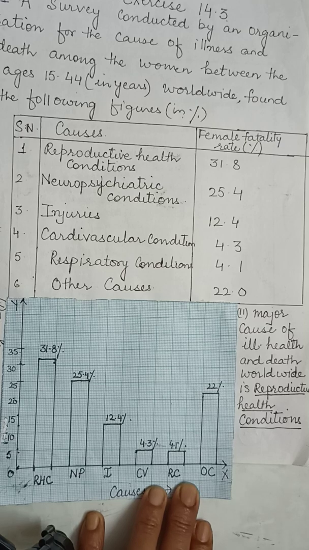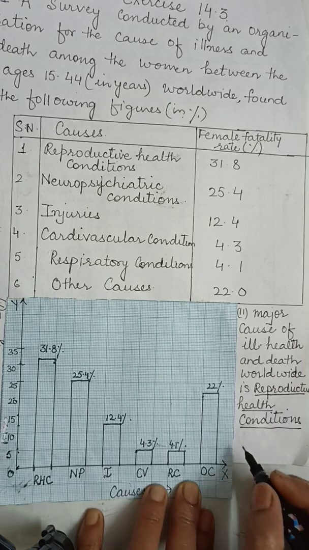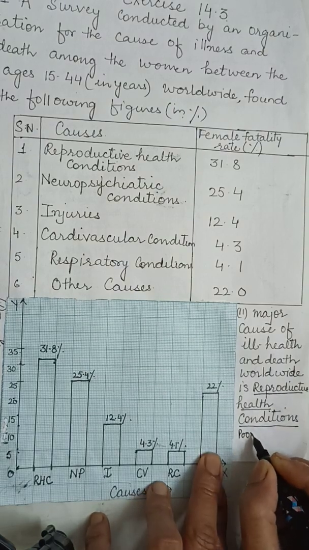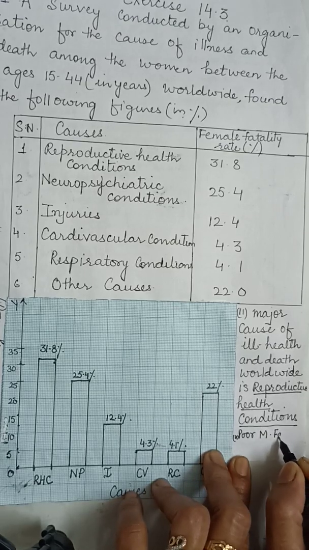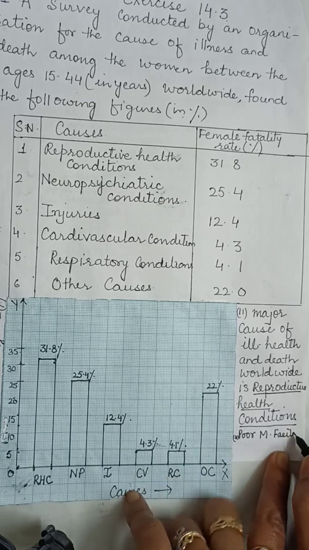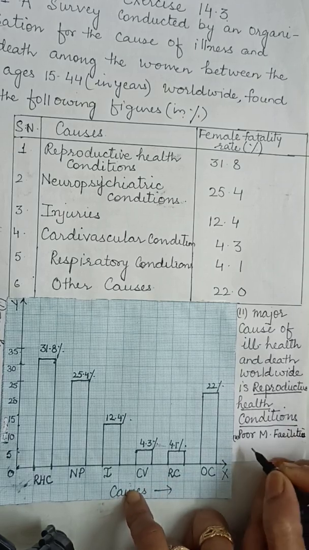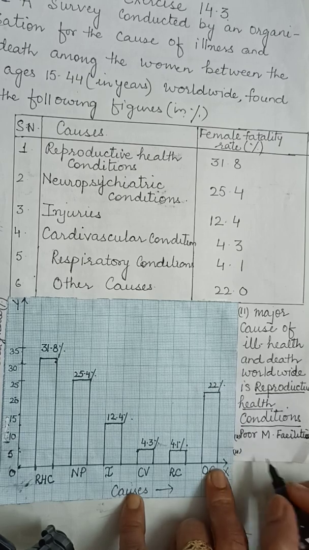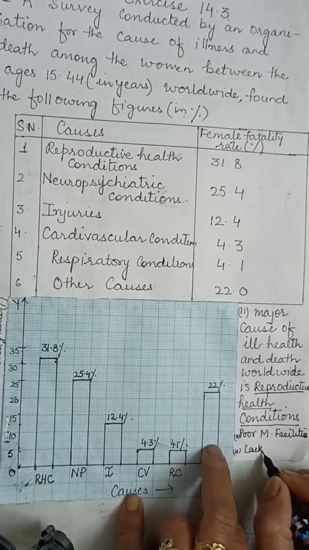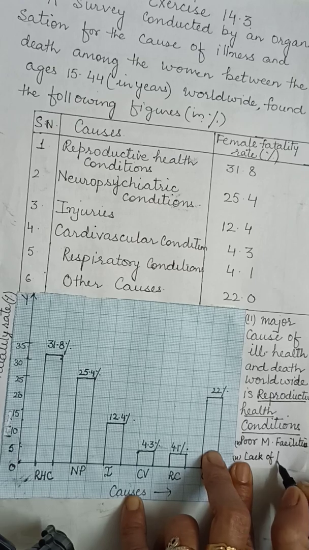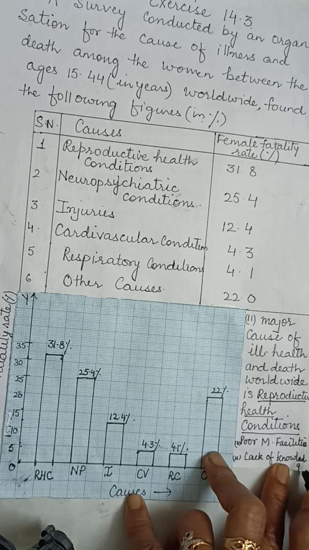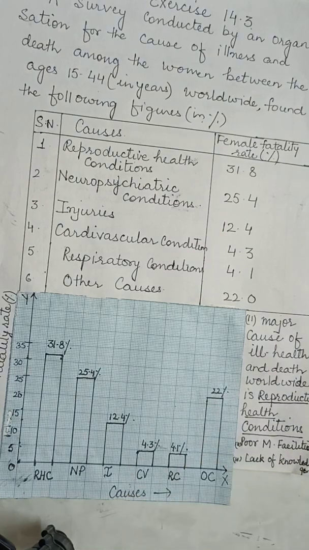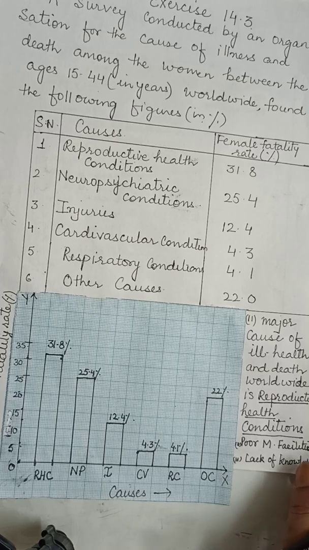So for the third part, your major causes here are poor medical facilities, and the second cause you can take is lack of knowledge in the medical field for proper treatment. So these are the major causes.